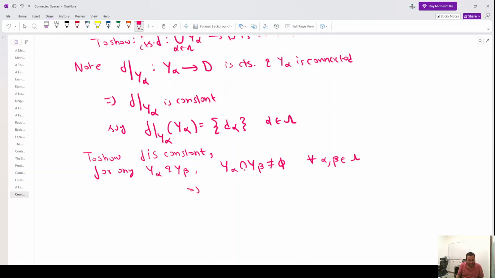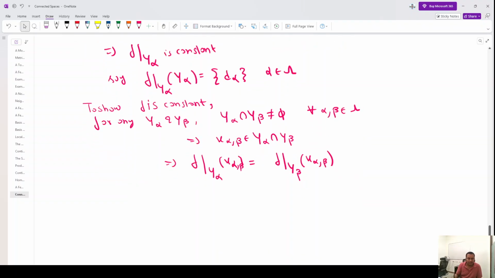So this means there is a point. Let's call it x_alpha_beta. Right? So what you have is f restricted to Y_alpha of x_alpha_beta is the same as f restricted to Y_beta of x_alpha_beta, because these are restrictions on this set and x_alpha_beta belongs to both of the sets. So what you get here is, here you have d_alpha, here you have d_beta. So what you have shown is d_alpha equals d_beta for every alpha, beta in Lambda.